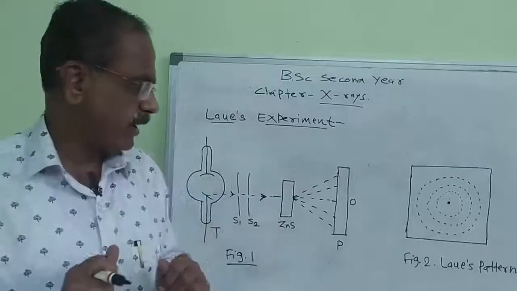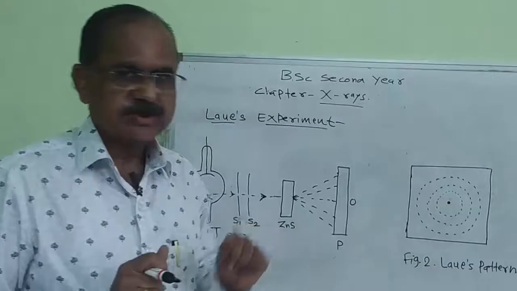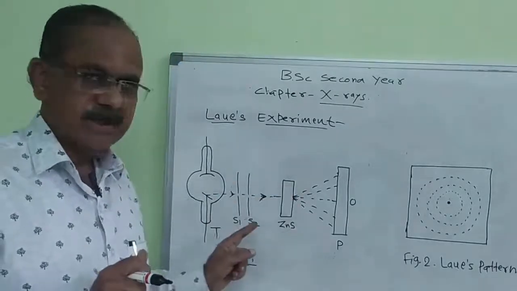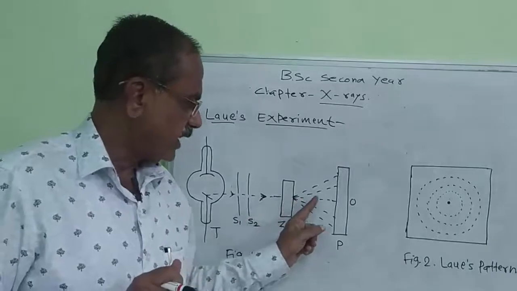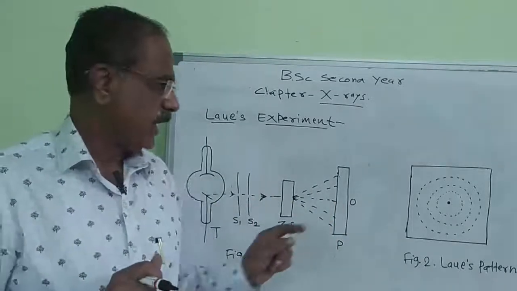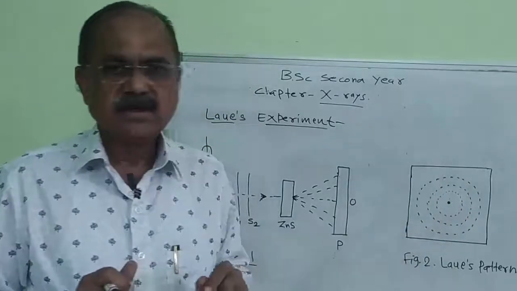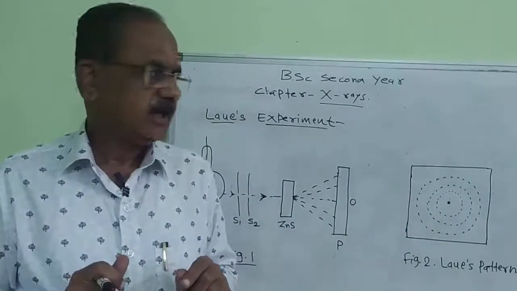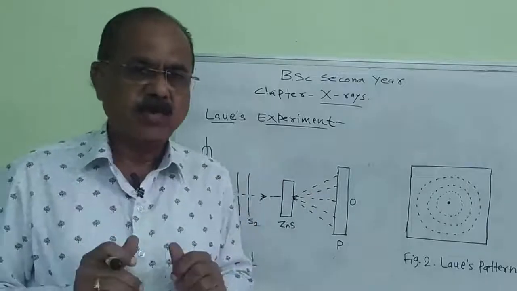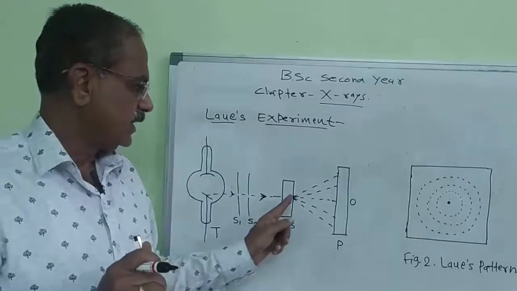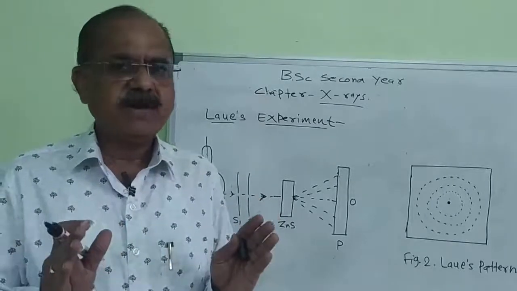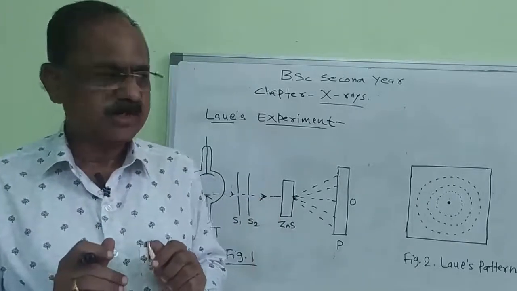in a periodic manner. This central spot indicates that the X-rays incident on this crystal do not deviate and strike the center of the photographic plate, and these fainter or light intensity points indicate that the X-rays can be diffracted from different planes of the crystal.